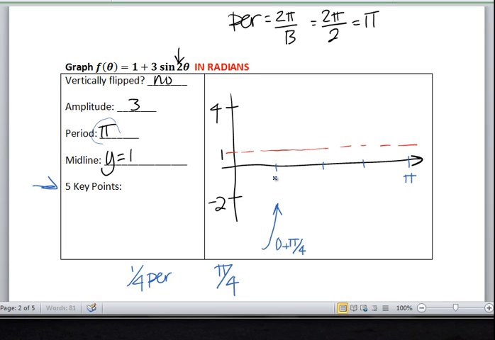And so it's pi over 4. And if I take this number and I add another pi over 4, that's 2 pi over 4. So pi over 4 plus pi over 4 is equal to 2 pi over 4, which is pi over 2 in simplest form.